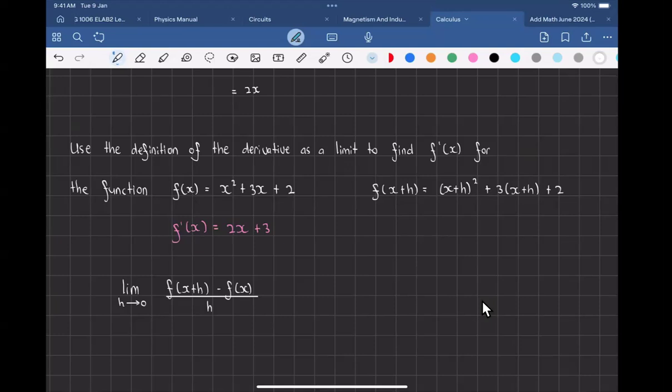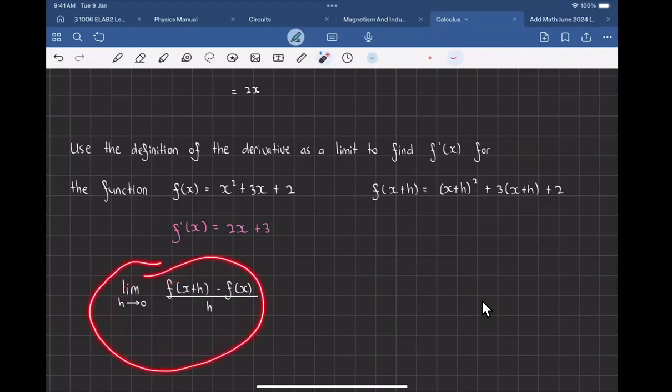Yeah, you're going good so far. See, now you need to put it into the formula.